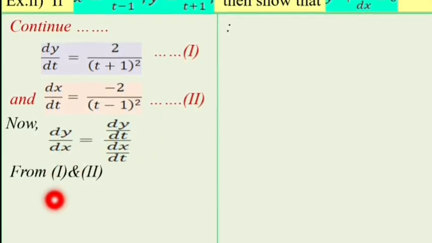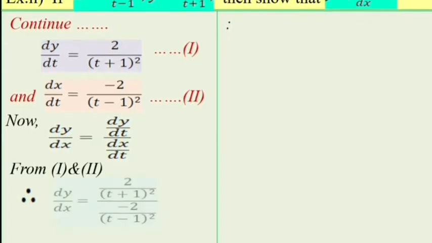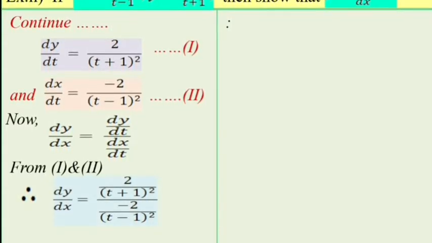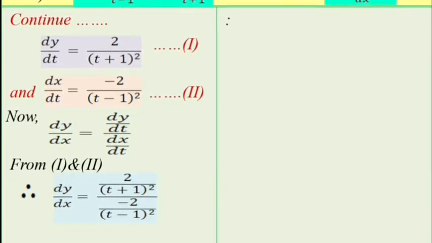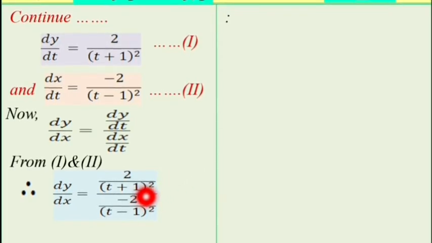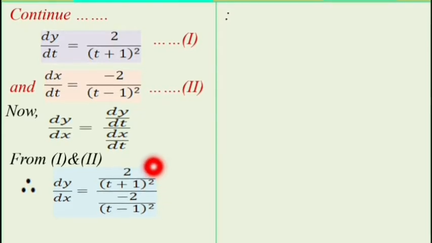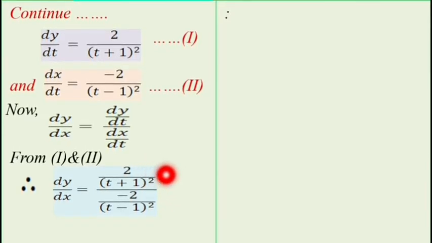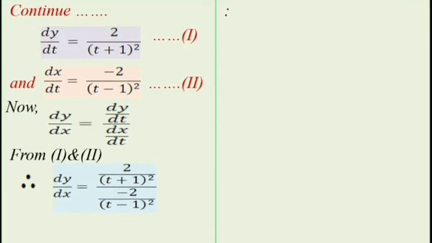Then the equation becomes dy/dx equals 2 upon (t + 1) whole square, whole divided by minus 2 upon (t − 1) whole square. Okay, now again the same rule, that is a upon b whole divided by c upon d equals a upon b into d upon c.